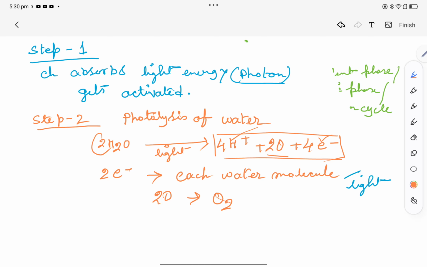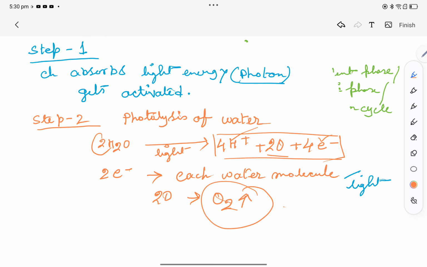This is a byproduct of photosynthesis. I have already said in my previous video that oxygen is the byproduct of photosynthesis, and this is the source of the oxygen that we need, right?